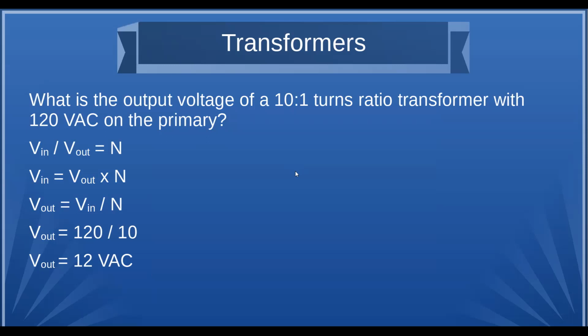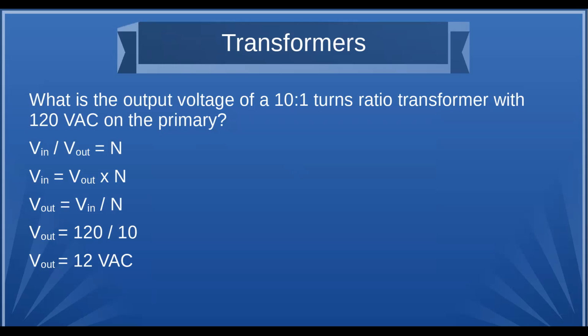So if we've got a 10-to-1 turns ratio transformer that's got 120 volts on the primary, what is its output voltage?